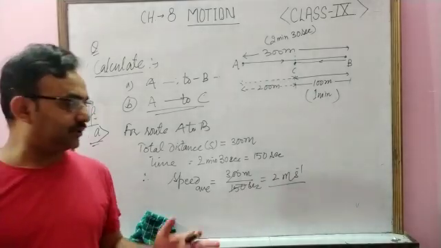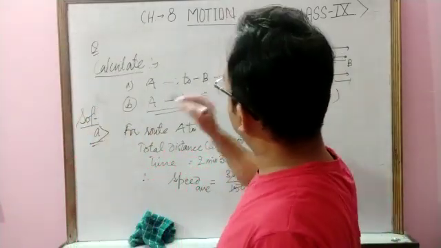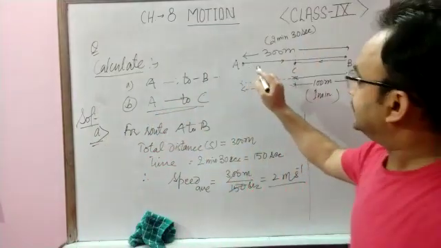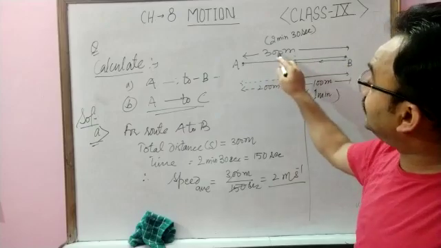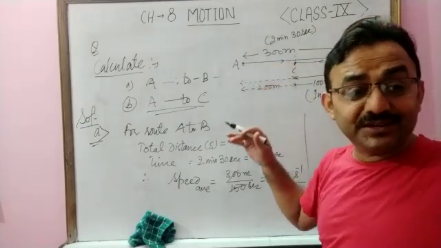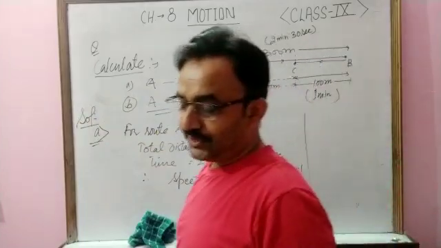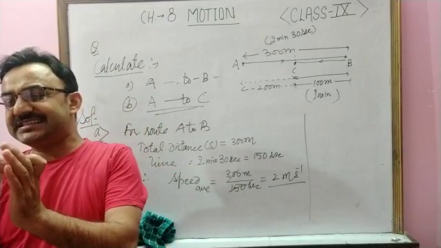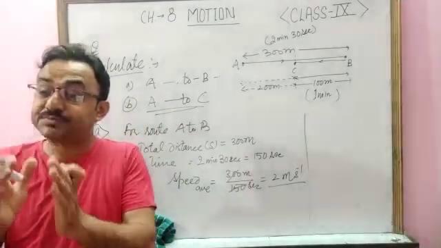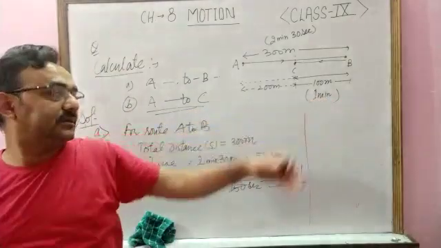Okay, to find the average velocity we need displacement. The displacement also has the same value, 300 meters, because the body is moving in a straight path. We have already studied that the magnitude of distance is equal to the magnitude of displacement when a body moves in a straight path.